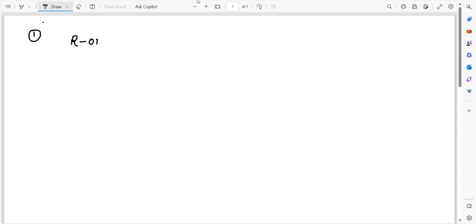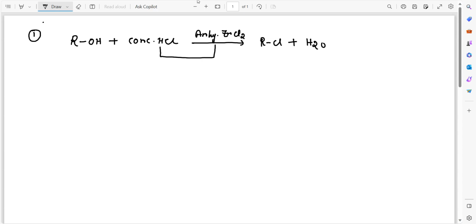When alcohol is reacted with concentrated HCl in the presence of anhydrous ZnCl2, it produces alkyl chloride plus water. Using these two, concentrated HCl and anhydrous ZnCl2, is called the Lucas reagent.